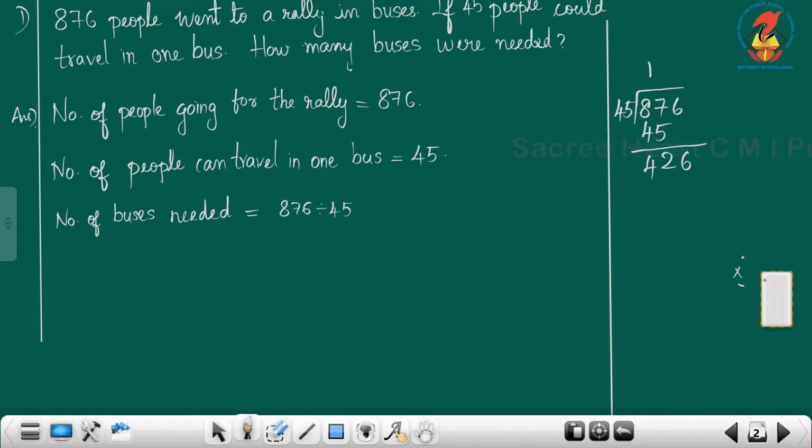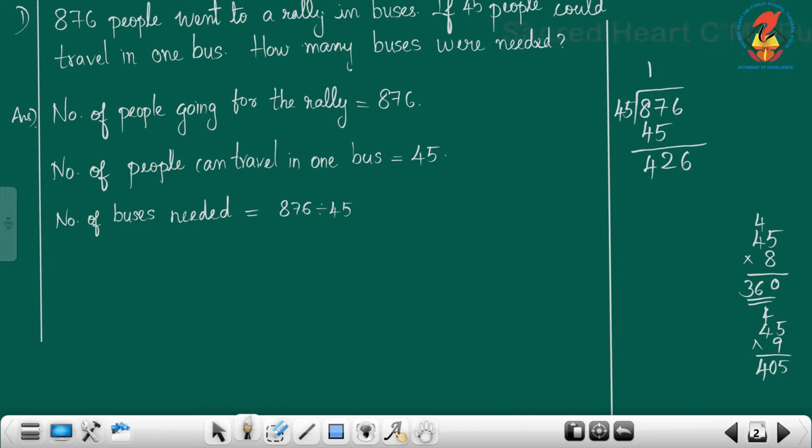So 45 into 8, 40, 0 write down, 4 is carry over, 32 plus 4, 36. Then 45 multiplied by 9, 9 5s are 45, 4 write down, carry over 5, 9 4s are 36 plus 4, it's 40.